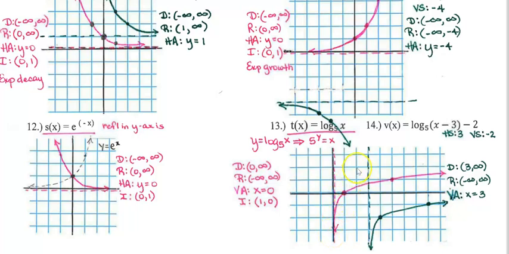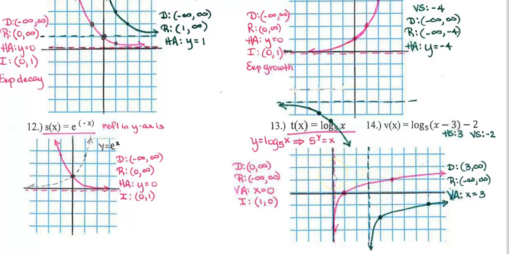So the only thing I don't know is how steep to make this over here, and so I need to just plot 1 point to find that. And it's actually easier to plug in a y value than it is an x value. So like if I plug in 1 for y, I get 5 for x, so that would be the point (5, 1). So right here, that's the point (5, 1). So there is my logarithmic function. You can graph any log function that way as your parent function.